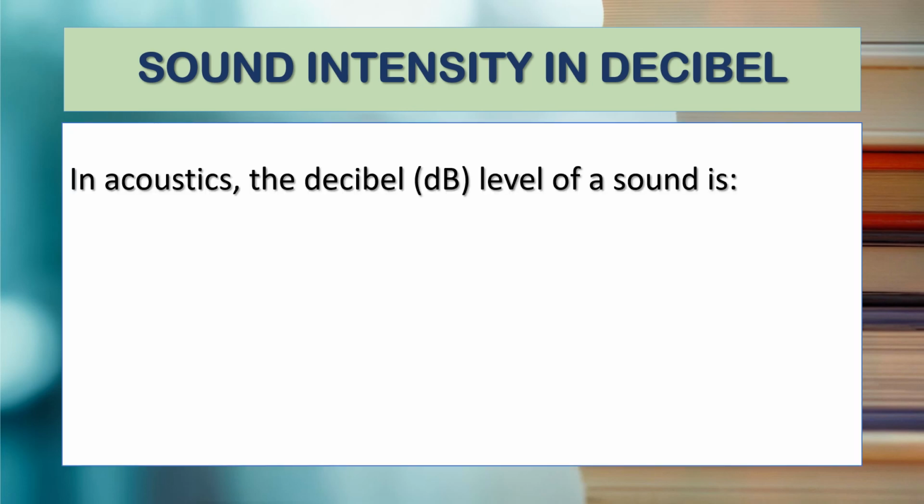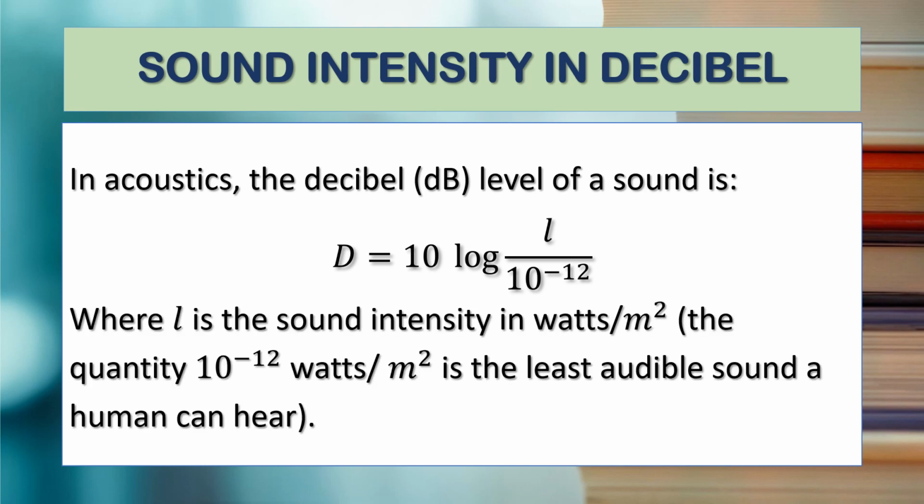In acoustics, the decibel level of a sound is given by the formula D is equal to 10 times log of L over 10 raised to negative 12, where L is the sound intensity in watts per square meter, and the quantity 10 raised to negative 12 watts per square meter is the least audible sound a human can hear.